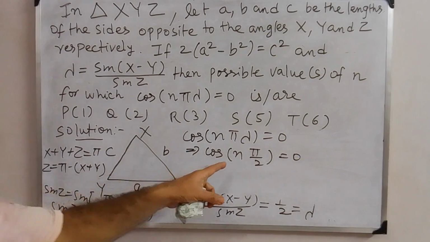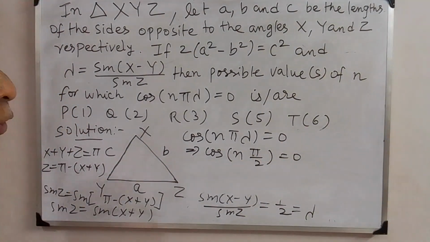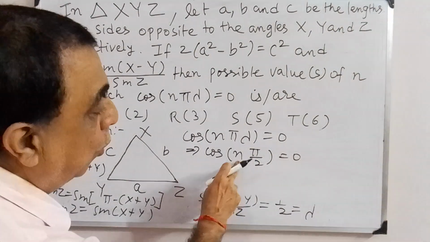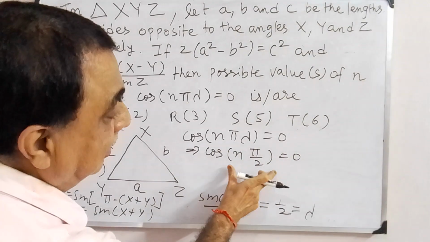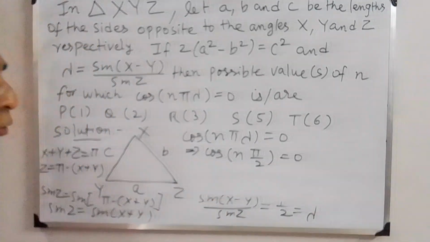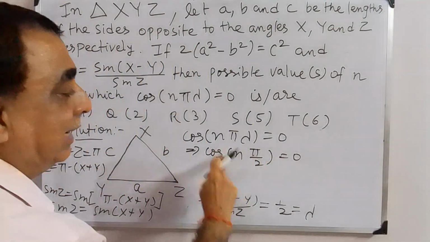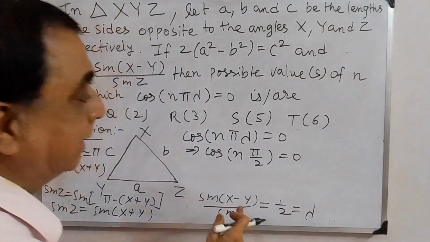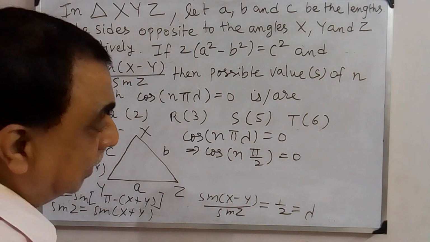And we know that cos(n pi by 2) is equal to 0 when n is an odd multiple of 90. The cos of an angle is equal to 0 when that angle is an odd multiple of 90.